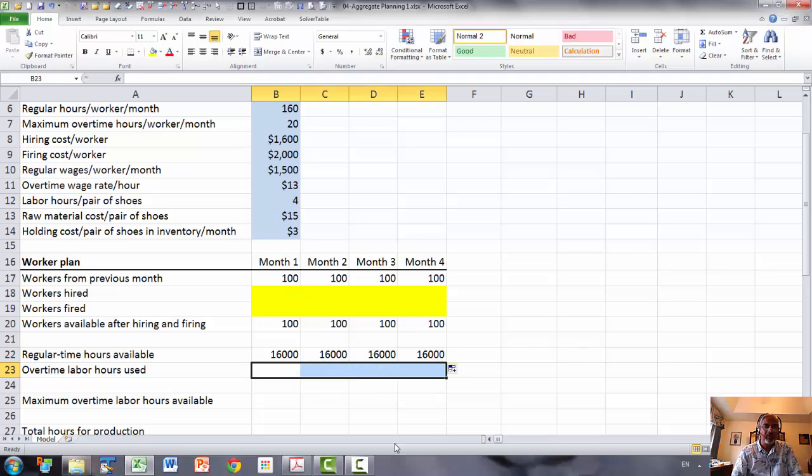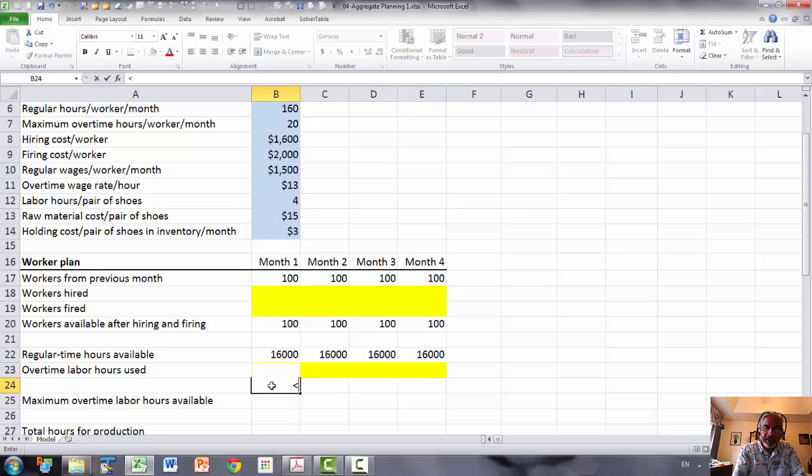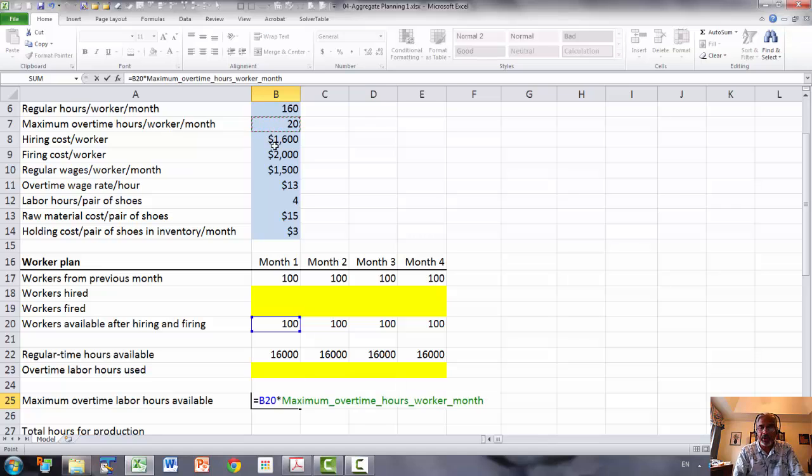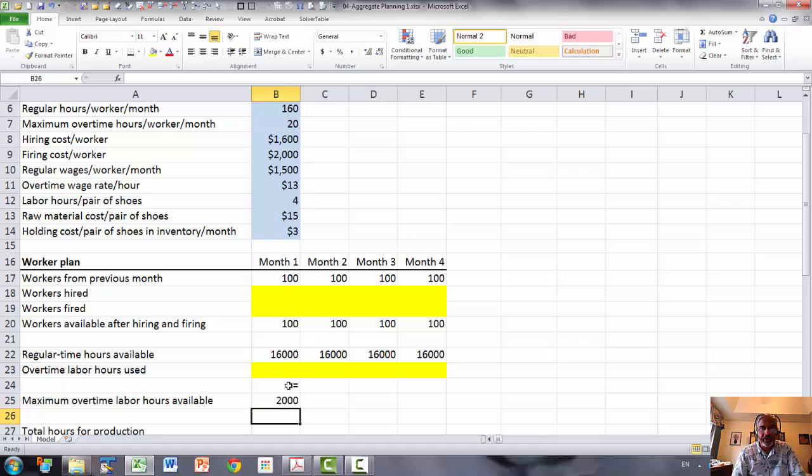Now, the overtime hours used will be changing cells also. Remember, that should be limited to 20 hours per worker. So you take the number of workers and multiply by the maximum overtime per worker. That's a constraint that we have to enforce.